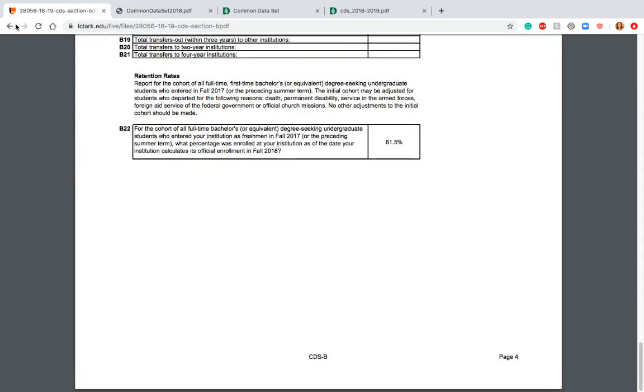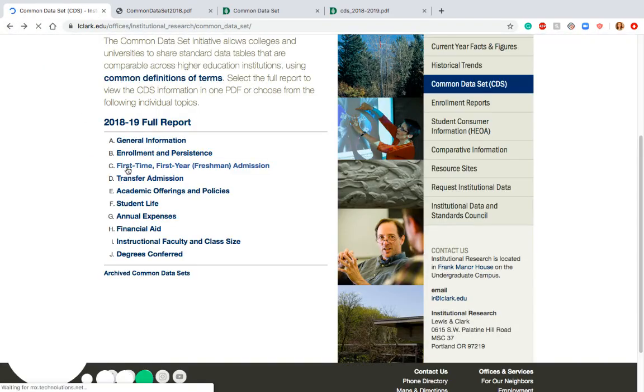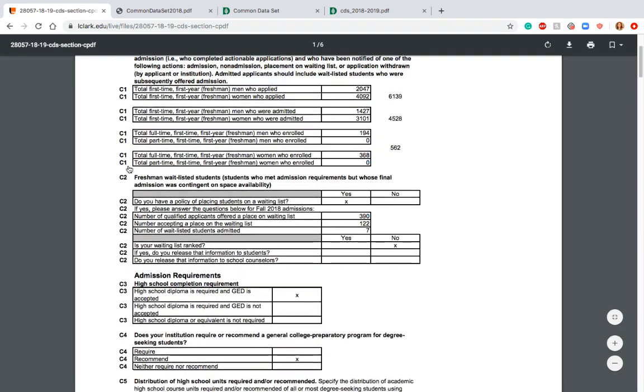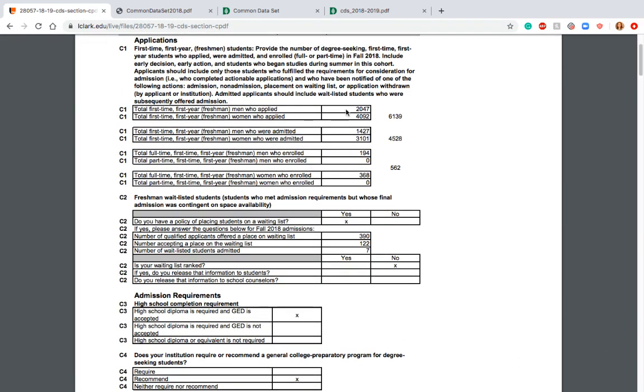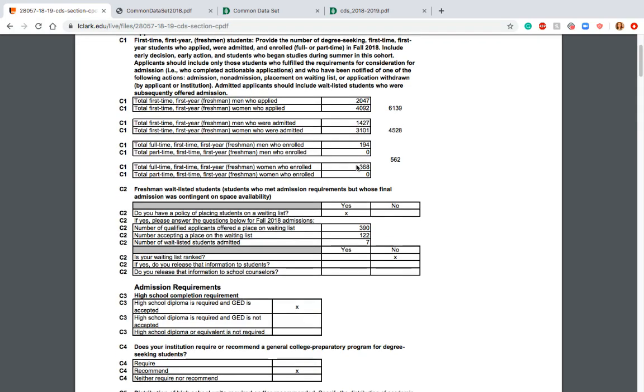Now let's see over at our friends at Lewis and Clark. Here we go with them. You can see their numbers here, the amount of men who applied, amount of men admitted, amount of women. Oh, they have a lot more women than men who applied, about double the number, and the number of women who are admitted is also double. So what does that mean?